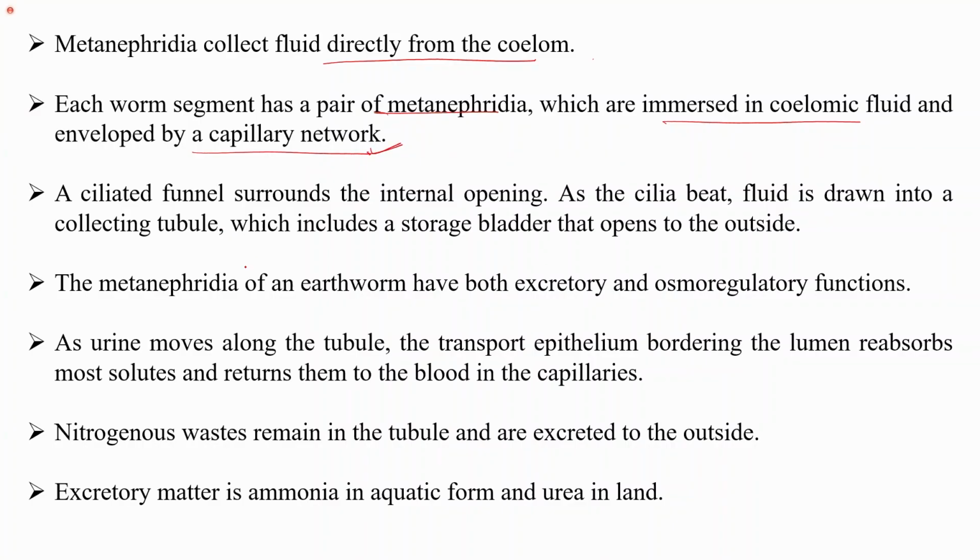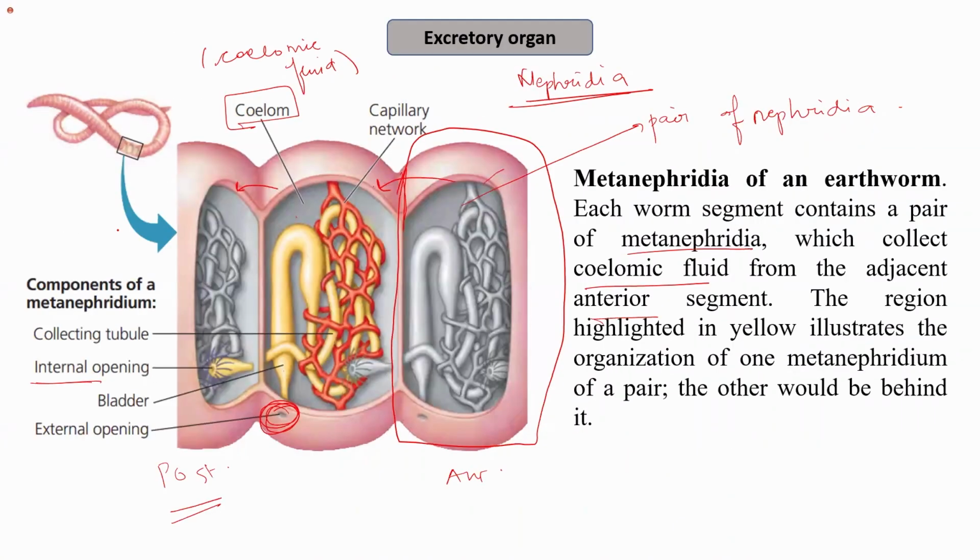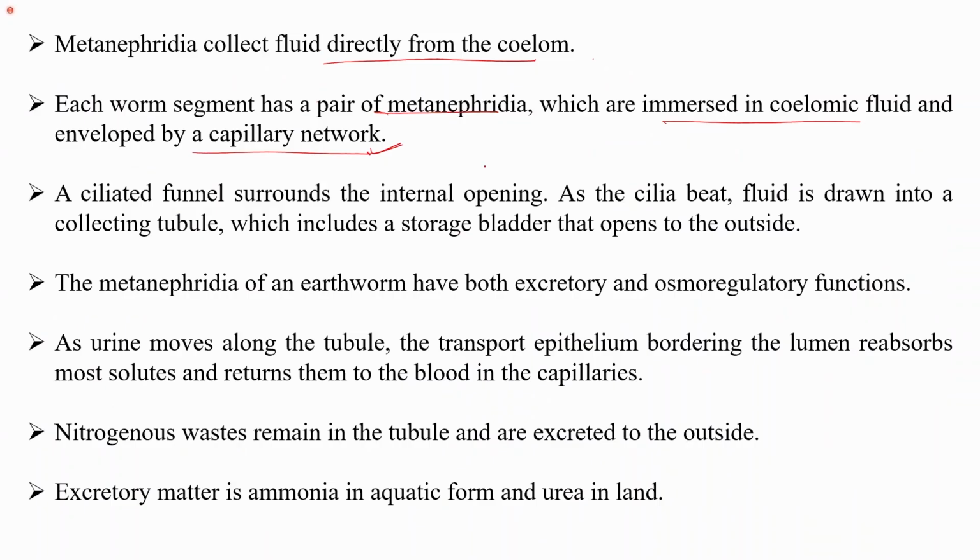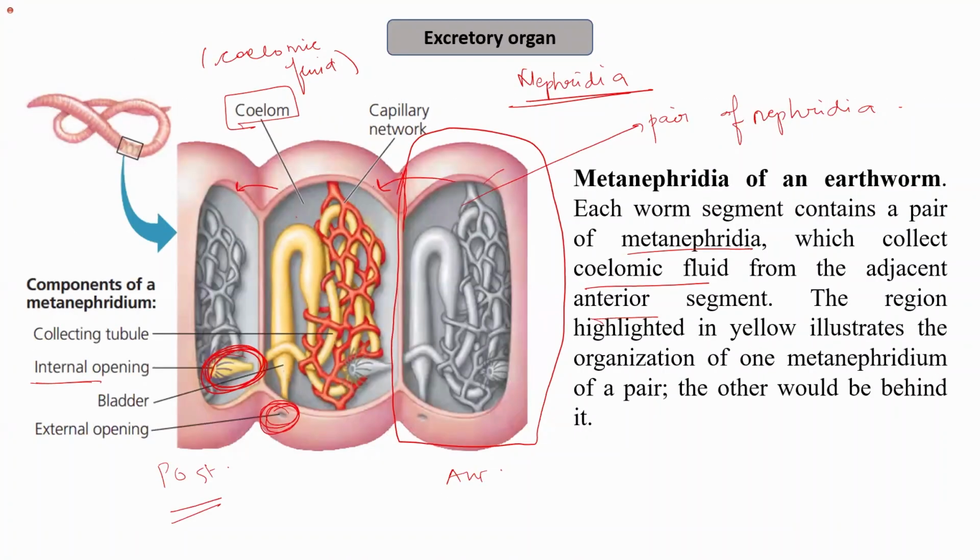A ciliated funnel surrounds the internal opening. You can see here that this is the ciliated funnel that surrounds the internal opening, where the anterior is open to the next segment. As the cilia beat, fluid is drawn into a collecting tubule, which includes a storage bladder that opens to the outside. So when the cilia beat, the fluid gets collected into the bladder that opens outside through the external opening.